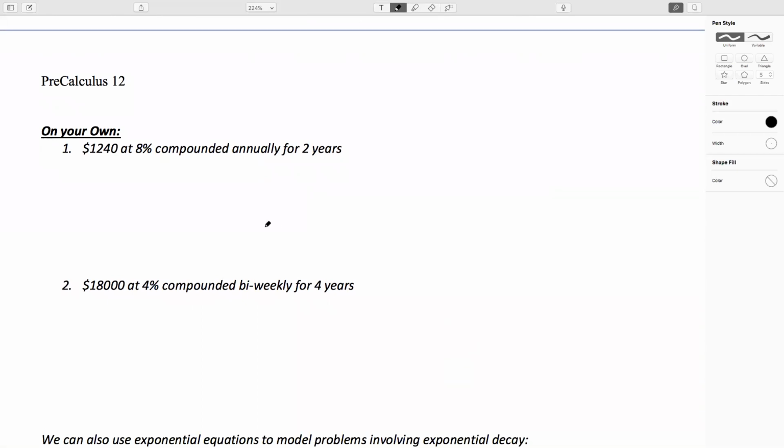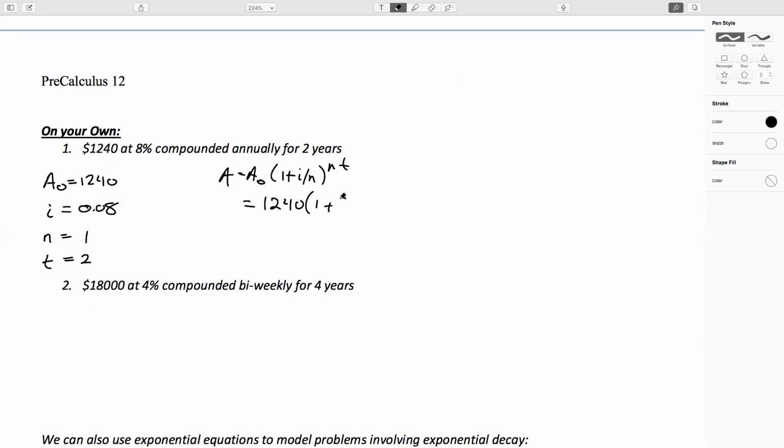We have 1,240 at 8% compounded annually for 2 years. So A naught is 1,240. Interest rate I is 0.08 compounded annually, so N equals 1, and T equals 2 years. So A equals A naught times 1 plus I over N to the NT. With our numbers, this is $1,240 times 1 plus 0.08 over 2 to the power 2 times 1.